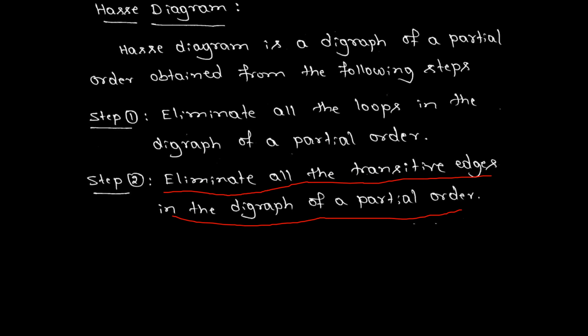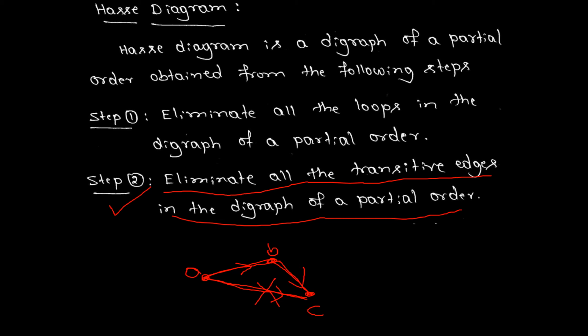Suppose there is an arrow from A to B, an arrow from B to C, and an arrow from A to C. What we can see here is the transitive property: A comma B, B comma C, therefore A comma C. Now what this second step says is remove this transitive edge.